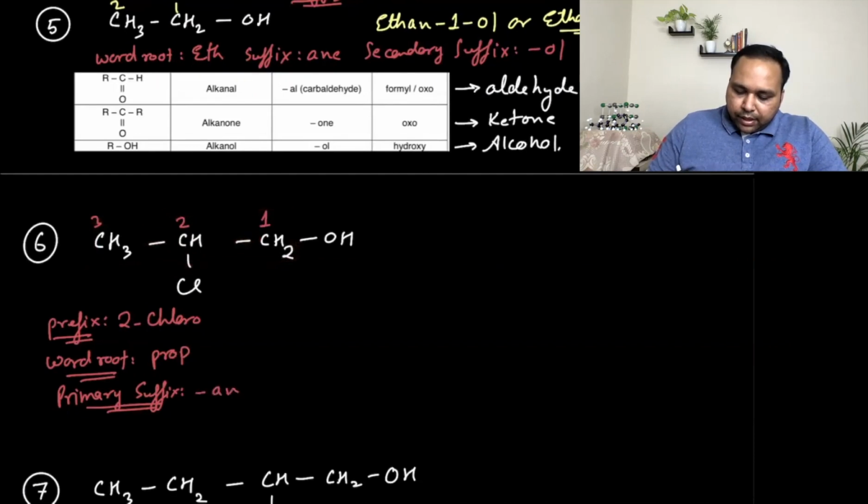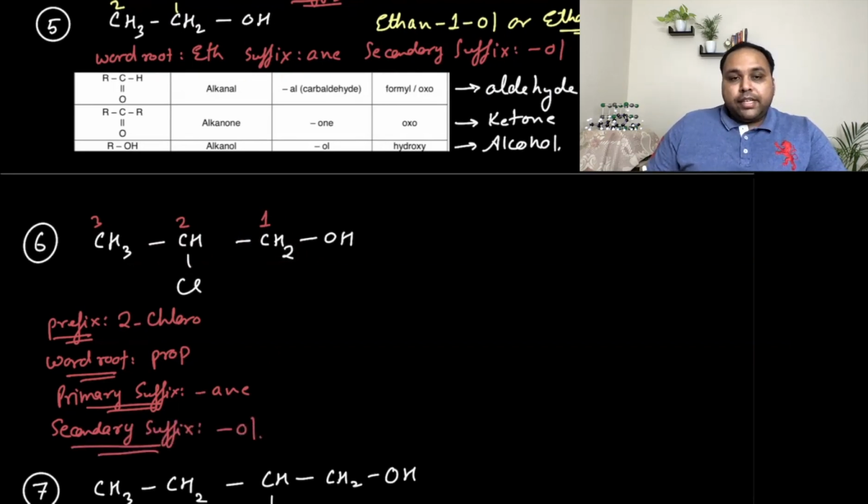So the suffix is ane. And secondary suffix will be ol. And also let's write the position of the secondary suffix. Ol is placed at 1, so this will be 1-ol.